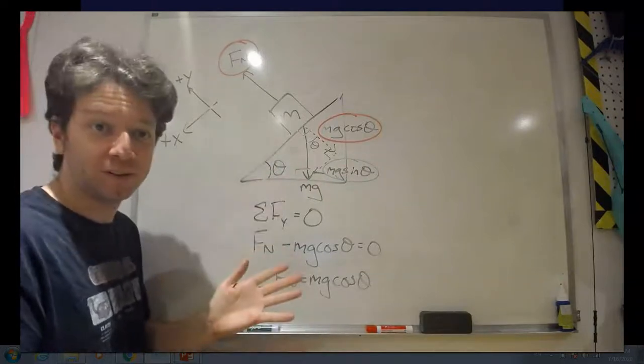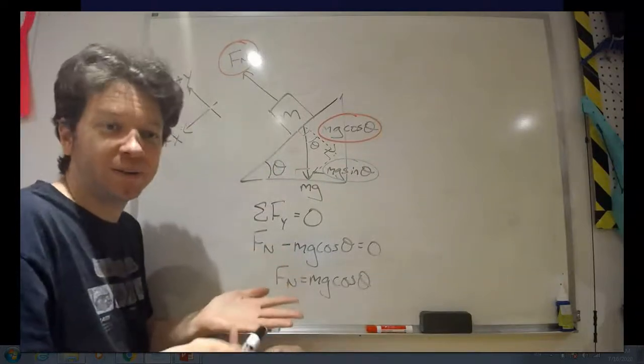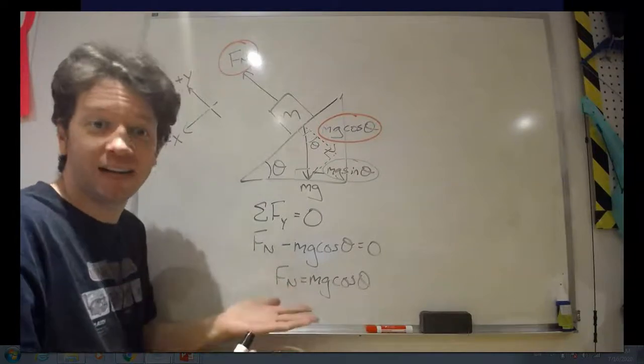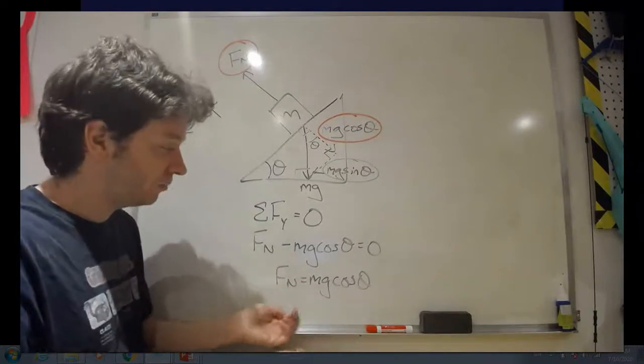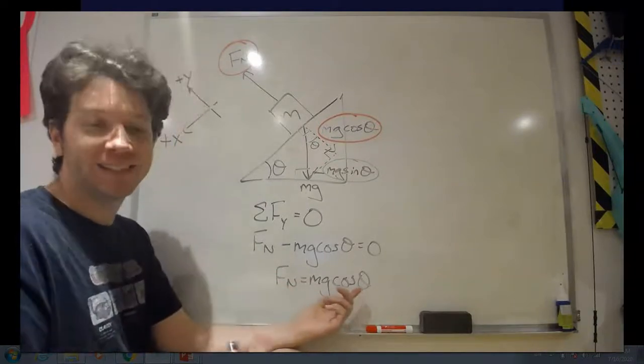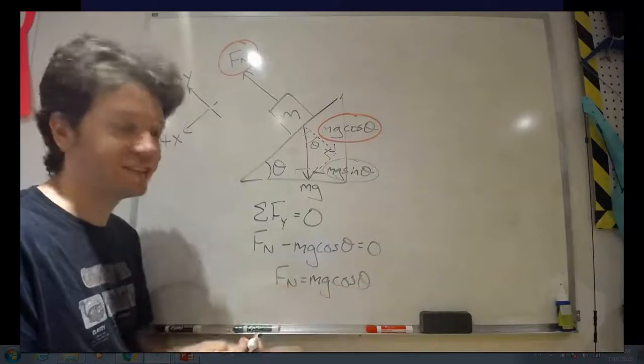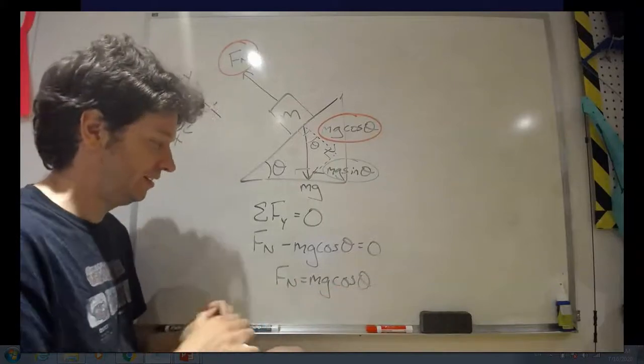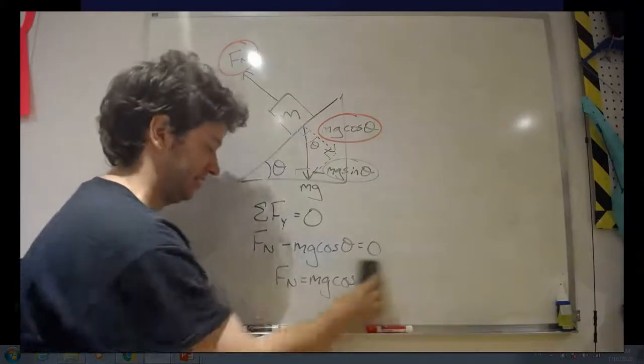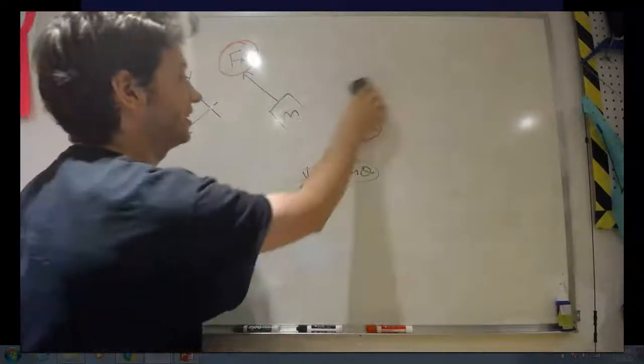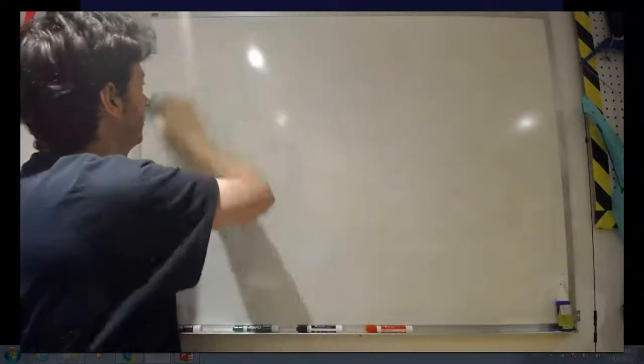What's the normal force? It should be 0 because it's no longer in contact with anything. Well, what's the cos of 90? 0. And so the normal force is 0. This makes perfect sense. All right, let's start making things more challenging and moving on to question 3.